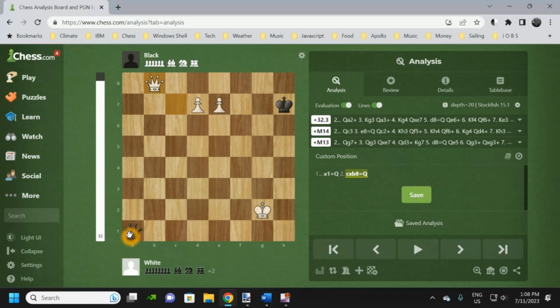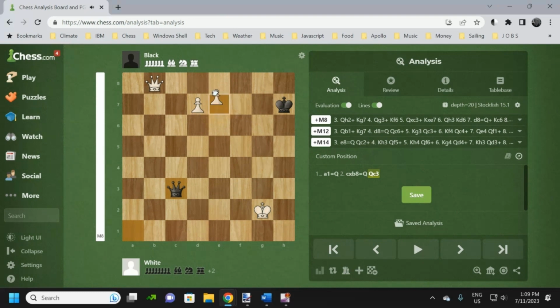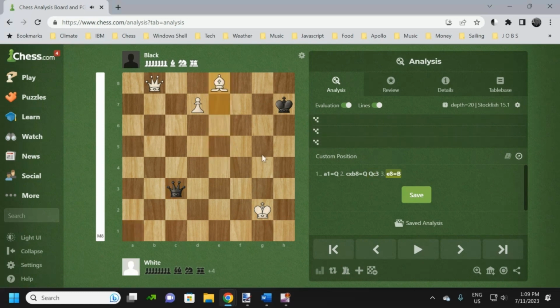So it works the same if it were a bishop you're promoting to. For instance, if black were to foolishly play this move, white could promote this pawn as well, but here white is going to promote it to a bishop.